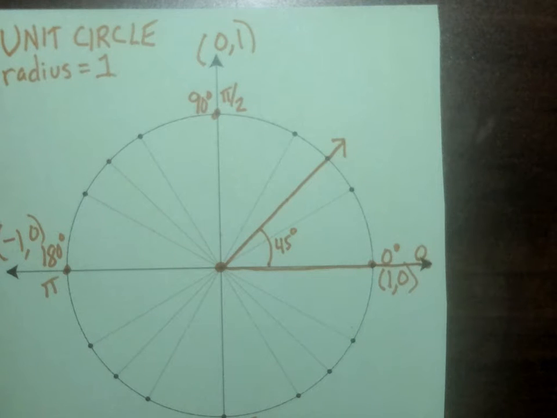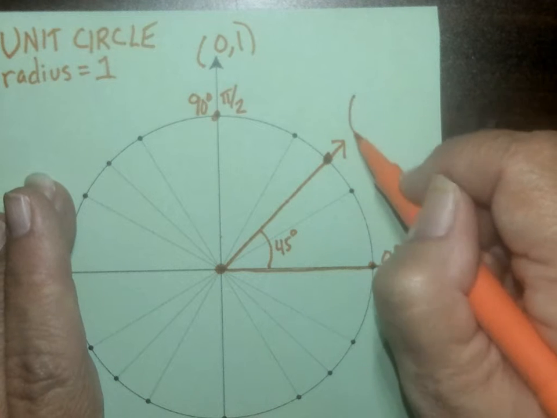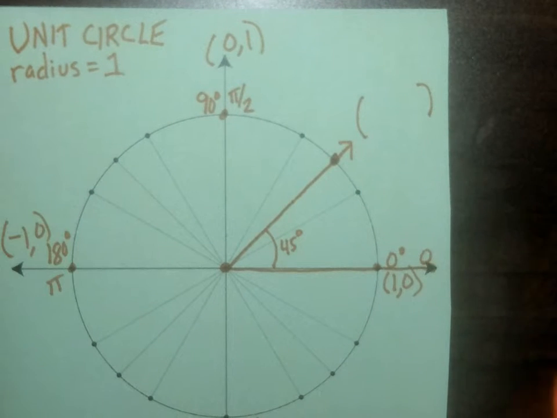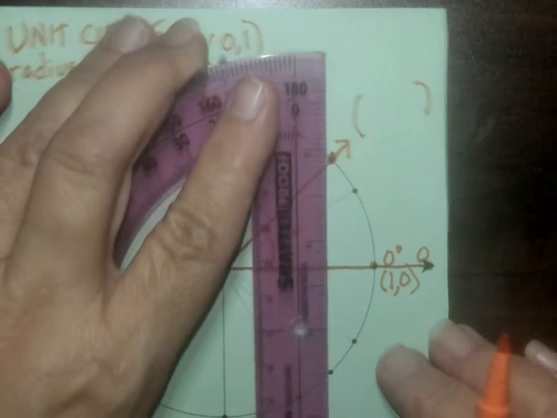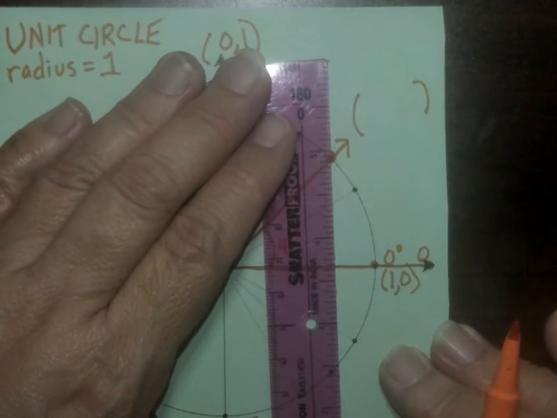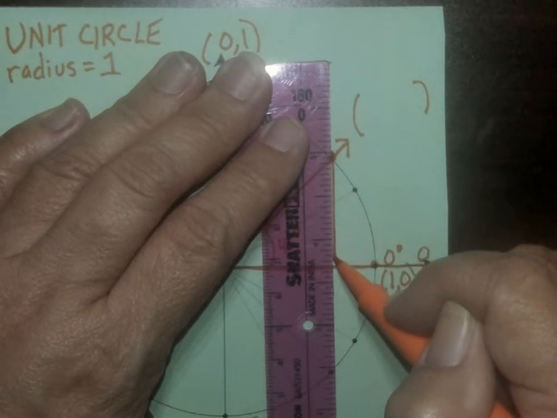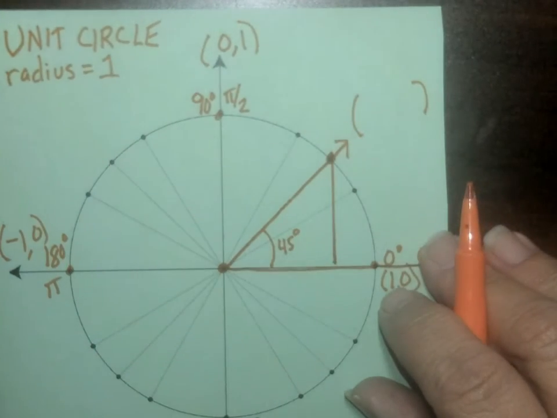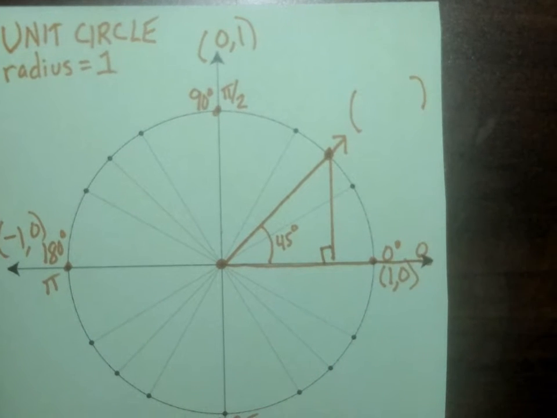Well, we're going to use special right triangles to determine what this ordered pair right here is. So if you'll grab a straight edge and go to this ordered pair and form a perpendicular line segment, I should say, so that you will form a 90-degree angle.